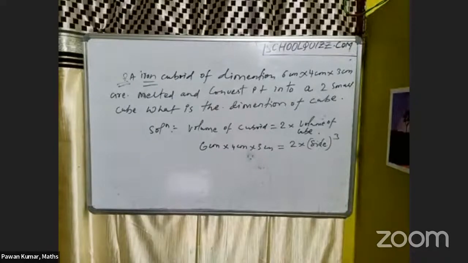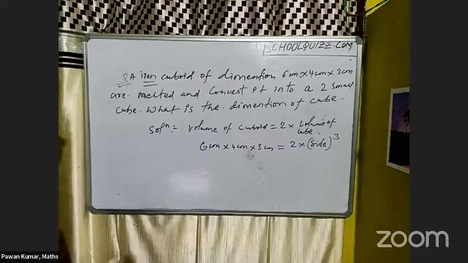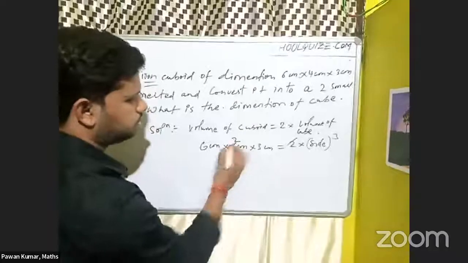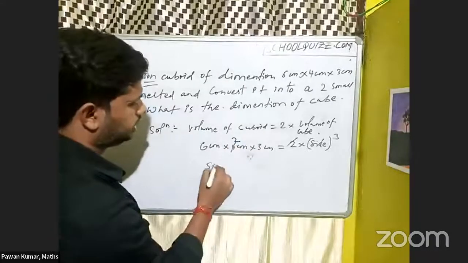Correct. No? So how much can we get there? So 2 into side cube is there.